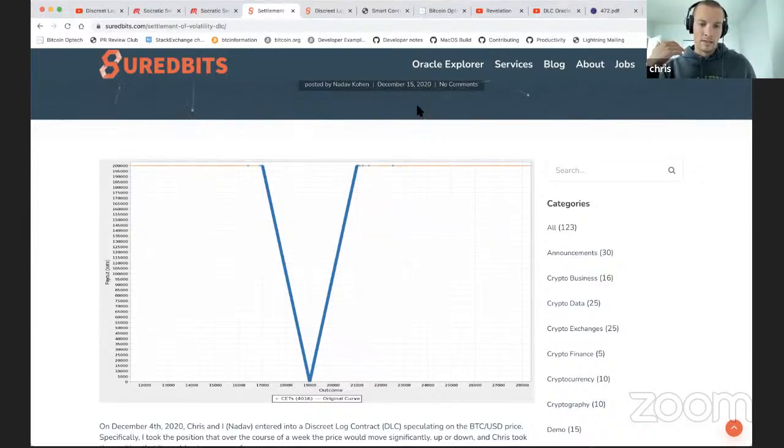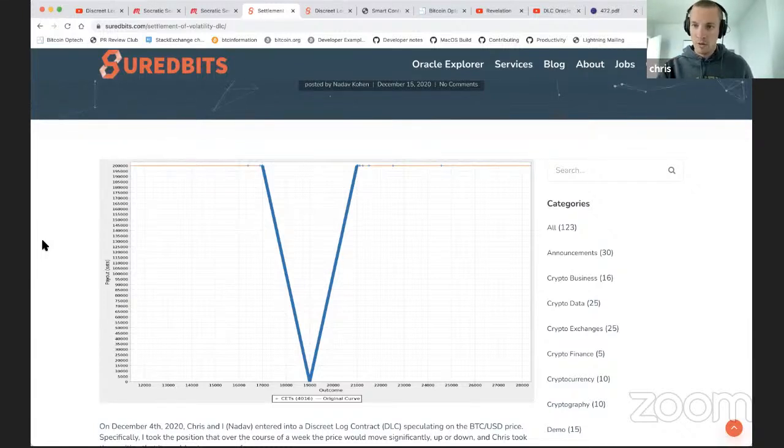What this is saying here is, we're creating this volatility contract at a strike price of 19,000 United States dollars. So if I remember correctly, in this contract, Nadav was short volatility, which means that he wants the Bitcoin price to stay around $19,000 when we settle.